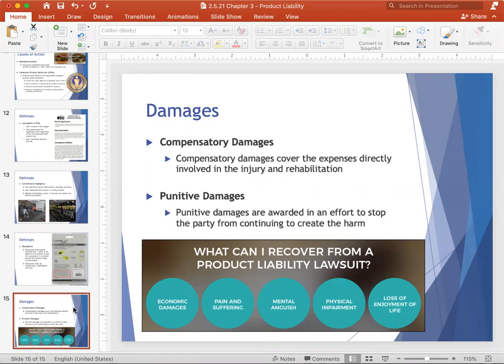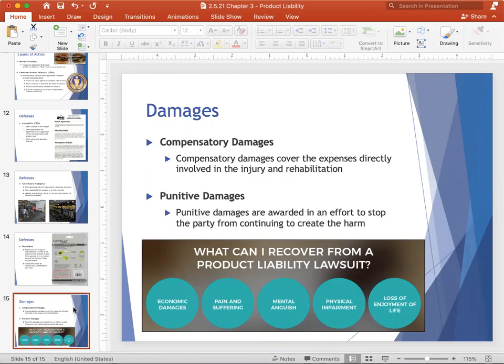So if you have knowledge of a defective condition and you don't do anything, that may result in punitive damages. Also, if you fail to inspect or test your products. A designer, you are responsible for creating a prototype, testing the product, making sure that it's safe, making sure there aren't any alternative designs that would make a product safer. If you don't take those important steps, you could potentially be liable for punitive damages.